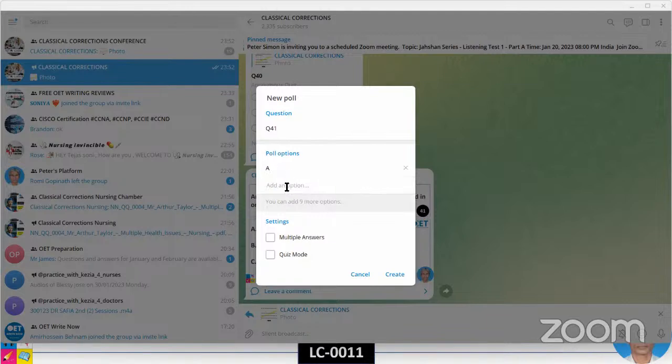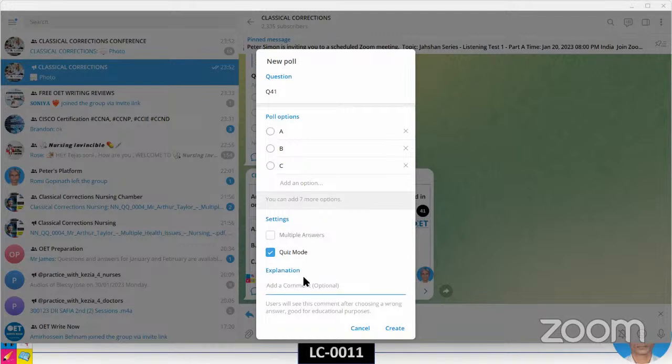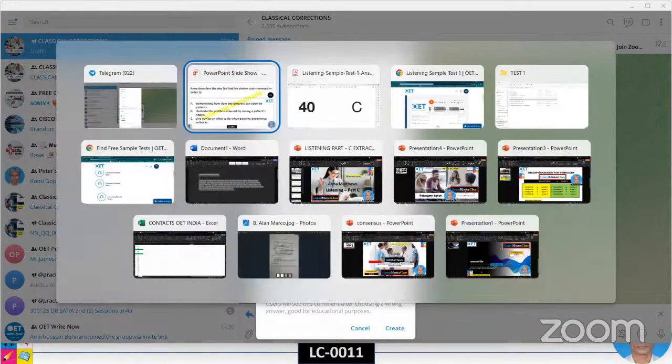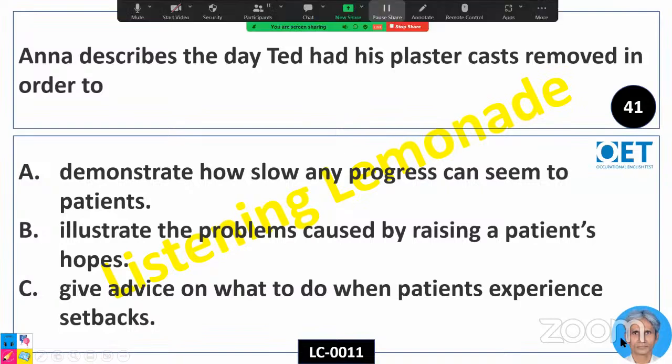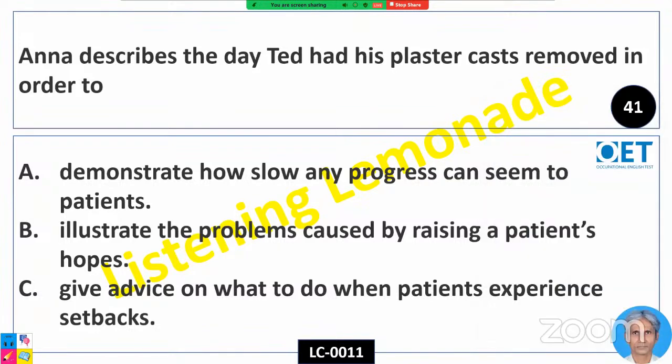A, B, C. Yeah. So here we have question 41. 7, 6, 5, 4, 3, 2, 1, and submit.